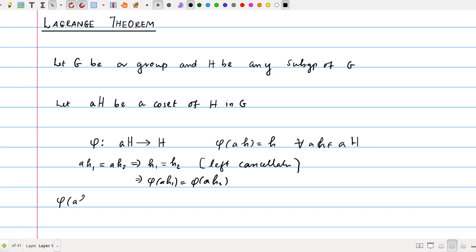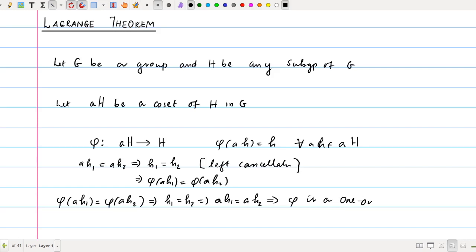For that we assume phi of ah1 equals phi of ah2. By definition, this implies h1 is equal to h2, and therefore ah1 is equal to ah2. So phi is a one-one function.